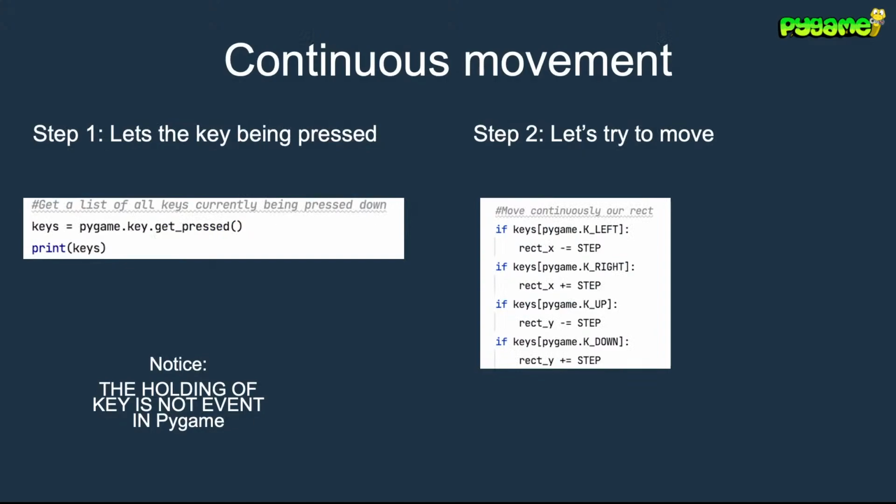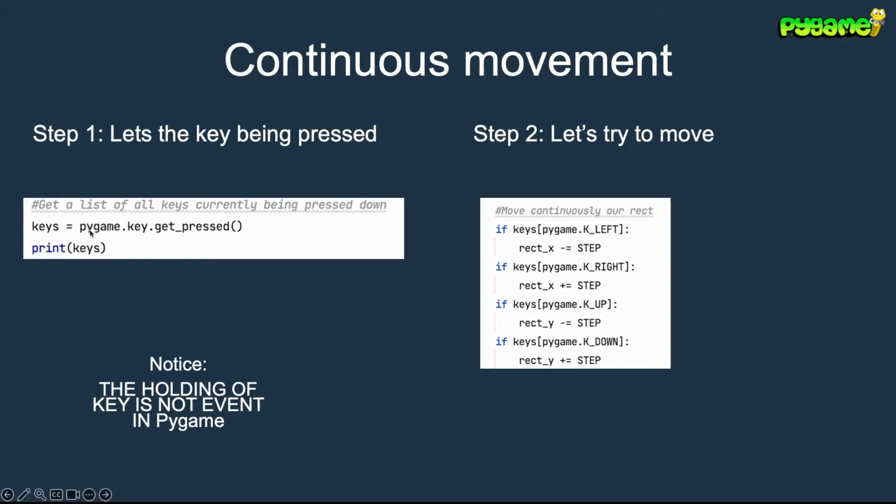So we can create a variable and put into this variable the key get pressed. So we can do this one, and then just check if the keys that we need are in our variable here.